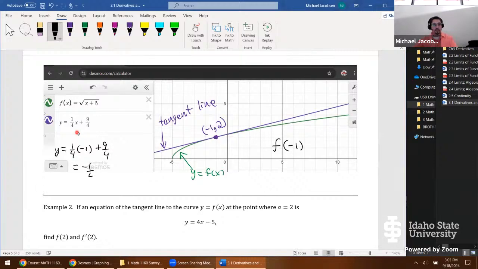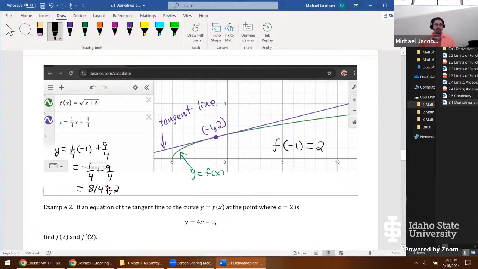That's -1/4 plus 9/4, which is 8/4, which is 2. So the function itself, you can find exactly one value to evaluate using just the tangent line and get the right function output. So f at -1 comes out as a 2 by actually using the tangent line equation to get that result. So that's kind of interesting.